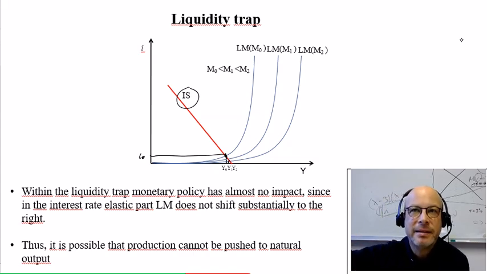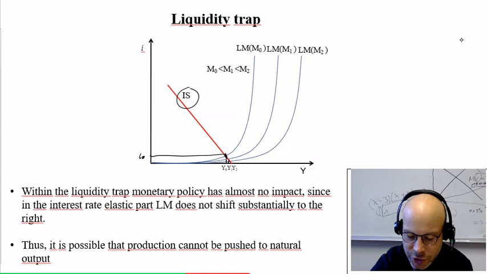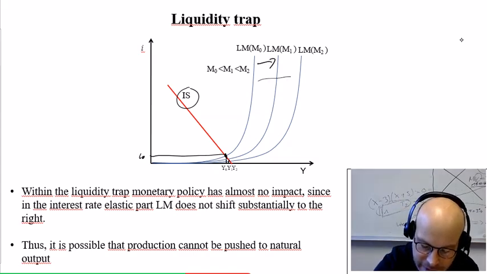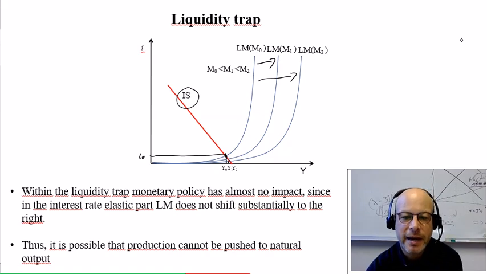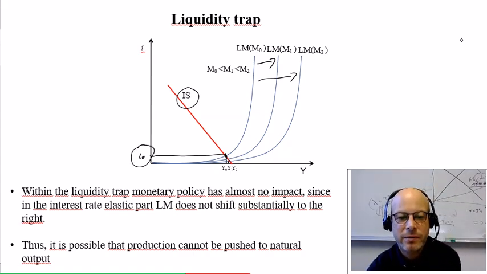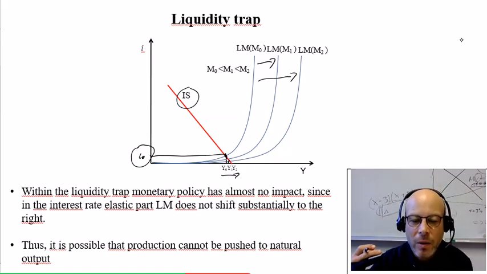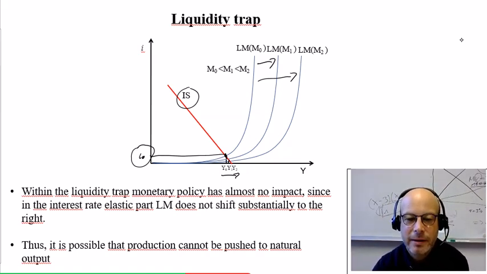Remember, we really doubled, tripled the monetary base. This, of course, still shifts the LM curve to the right, but unfortunately, since we are already in this very low interest rate case, the quantitative impact on income, and this is what we want to have. We really want to see that we see a push in production and income.